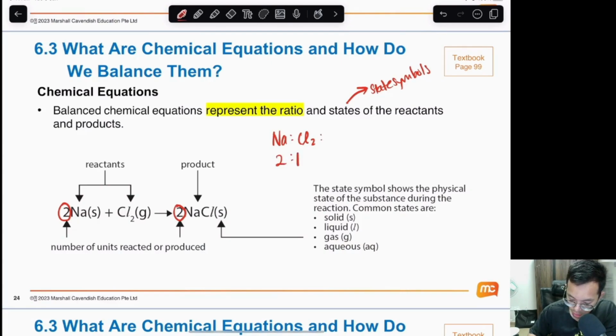And the ratio of all of this to sodium chloride is like this. So 1 is to 2. How do you know whether chlorine gas is 1? Usually we don't write down the 1 here, but there is an invisible 1 here. We don't really represent the 1, so we can just remove it. You can just write Cl2 instead of 1 Cl2. All right, so this is the ratio.